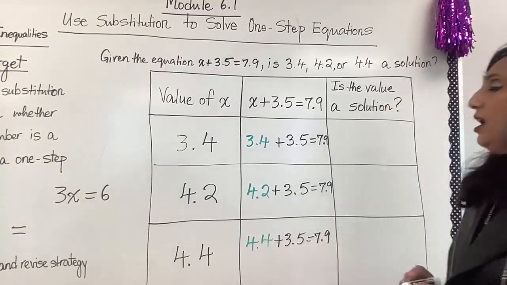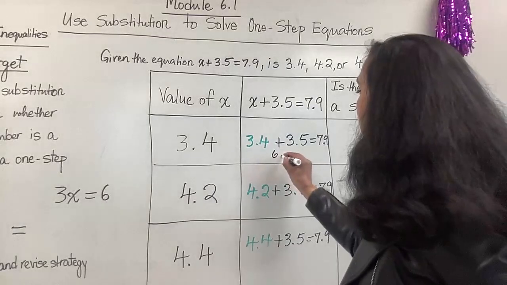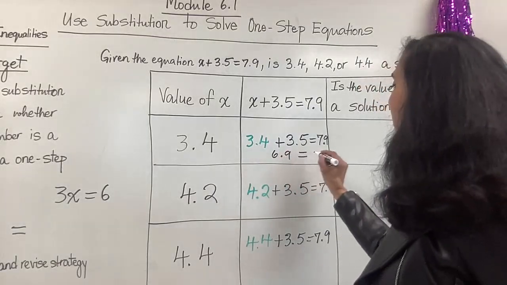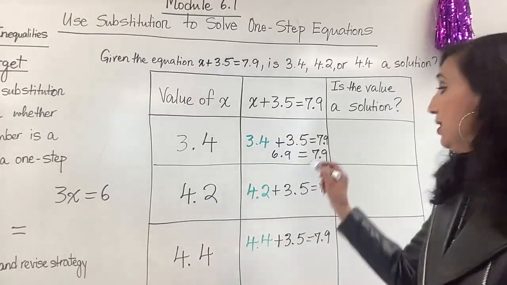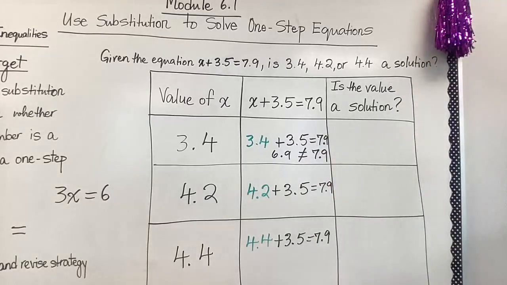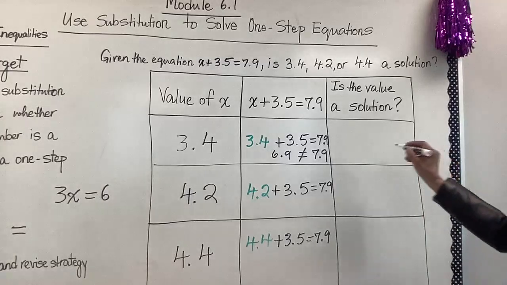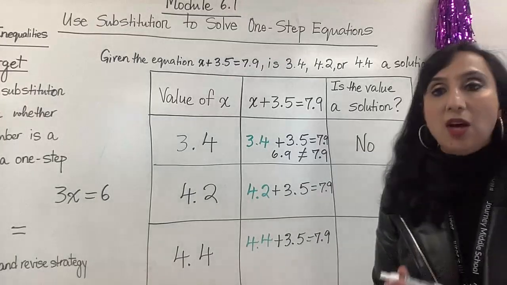Okay, so let's see. If I say 3 and 4/10 plus 3 and 5/10, I get 6 and 9/10. Is 6 and 9/10 equal to 7 and 9/10? No, it isn't. These are two different numbers. So that is not true. Is the value a solution? No, this is not a solution. So 3 and 4/10 is not a solution.